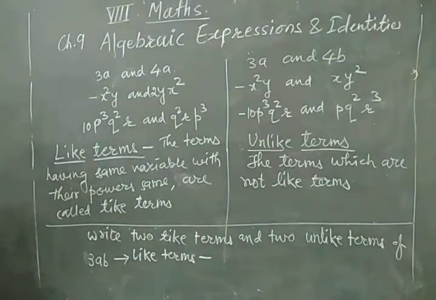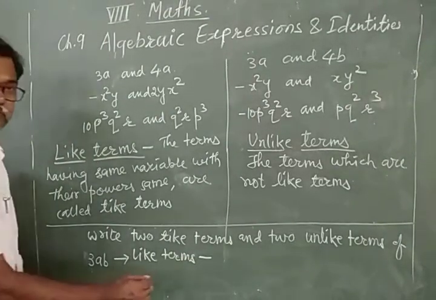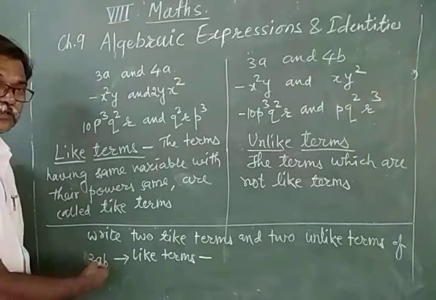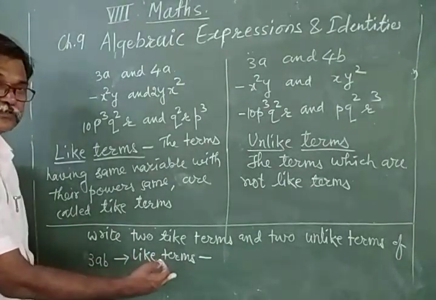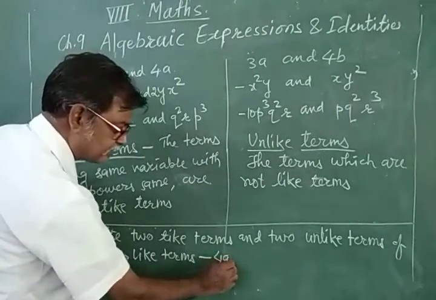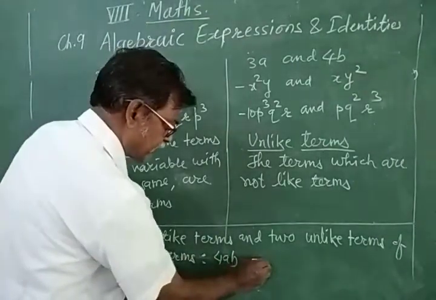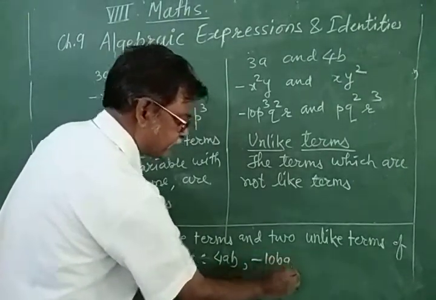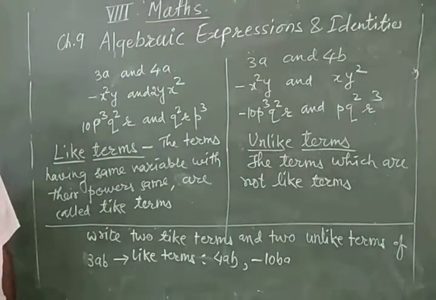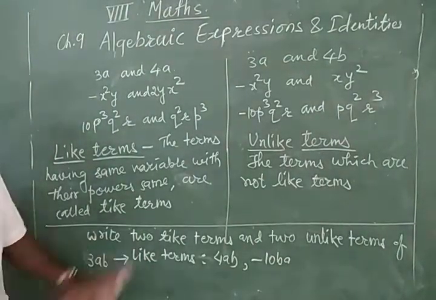How will you write? 3AB, 4AB, minus 10BA and so on are like terms.